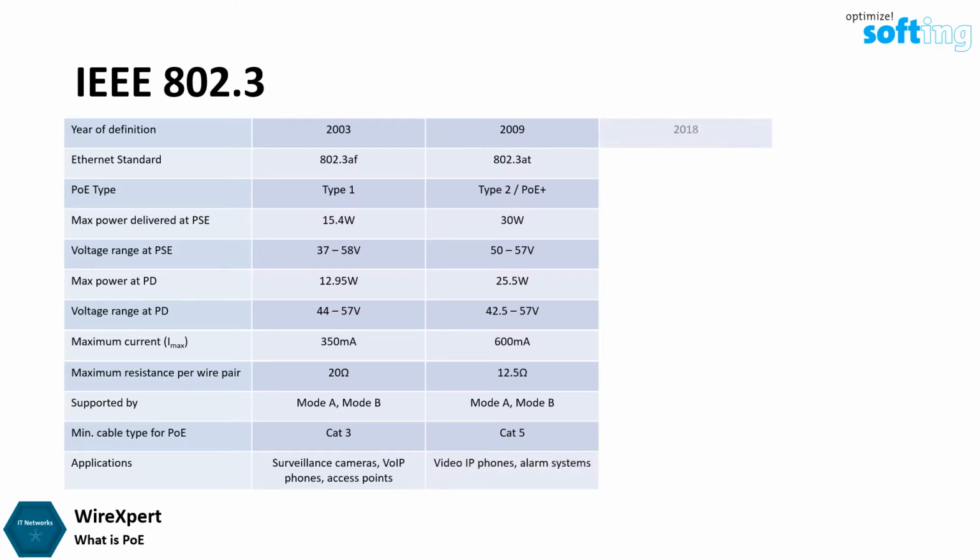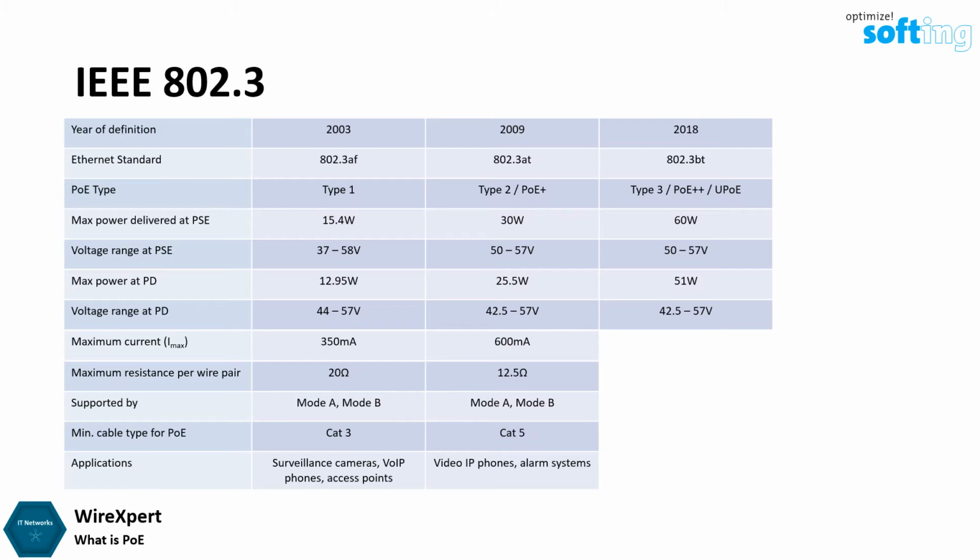Defined in 2018, the IEEE 802.3 BT standard, or Type 3 PoE, also referred to as PoE++ or Ultra PoE, states that the maximum power allowed from the power source equipment is 60 watts at 50 to 57 volts, and the maximum power arriving at the power device is 51 watts after loss at 42.5 to 57 volts.